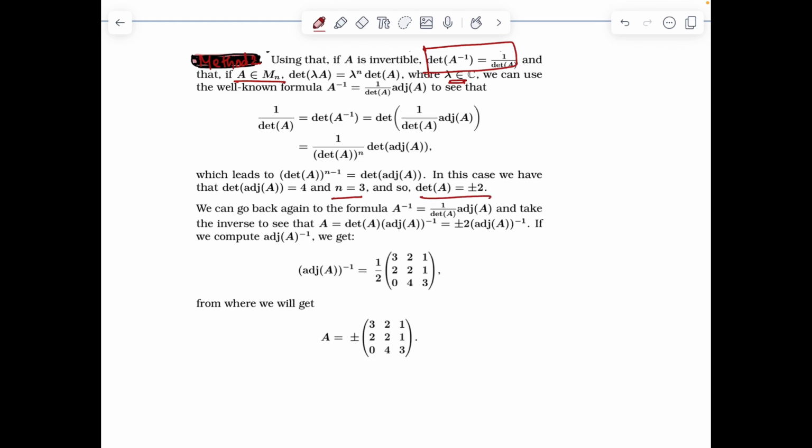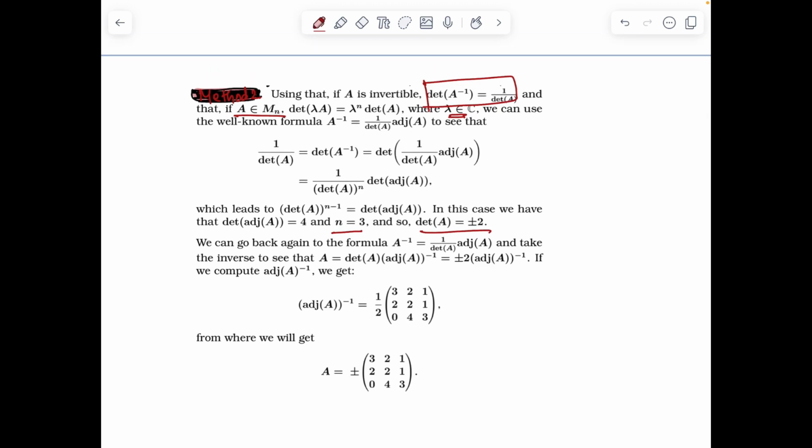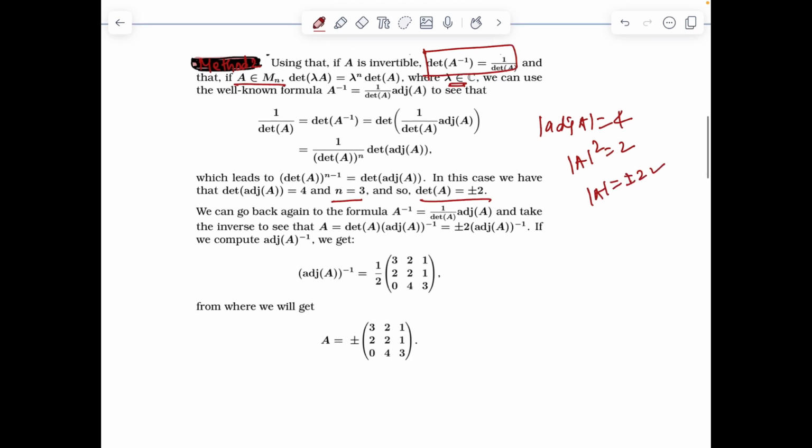So basically, since determinant of adjoint of A is 4, same as above, determinant of A squared will be 4 by the properties. So that gives determinant of A as plus minus 2, right? Now we can go back to the formulas, and from here adjoint of A is known, determinant of A is known, so A is known.